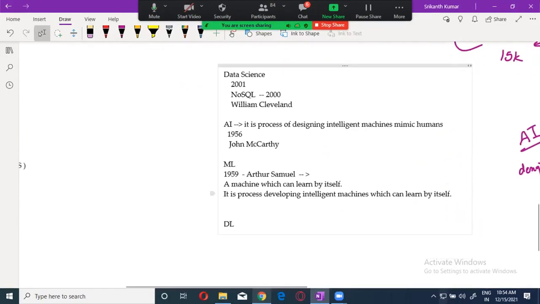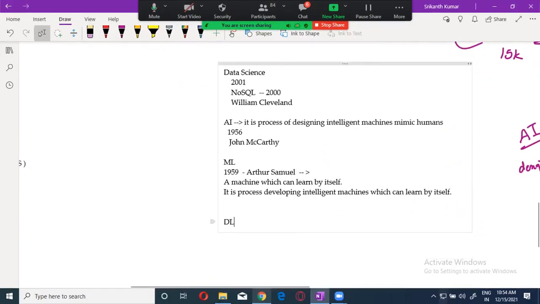Okay. Now, what is DL? There are so many people who are called the fathers of this. One of them is Geoffrey Hinton, and there are so many others. I don't want to give credit to anyone, but this came into existence from 2006 to 2012, with very aggressive research work on this. What is deep learning then?